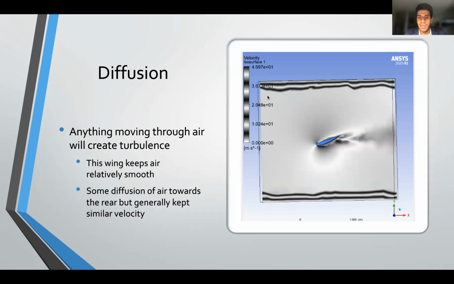We can see how smooth the air around the airfoil is overall as it comes out of the foil.